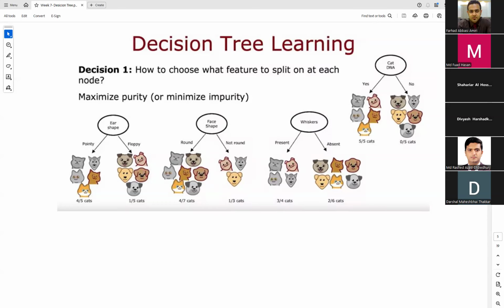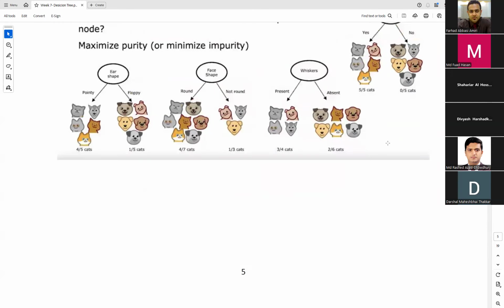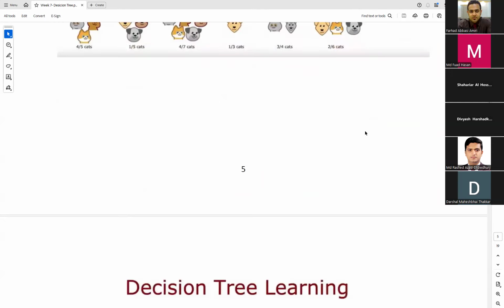On the left, all of them are cats. On the right, all of them are dogs. This is the maximum purity, right? And then you don't need to go further because you've already classified your data points into cats and dogs. 100% cats, 100% dogs. This is 100% pure, and you don't need to go one level further.